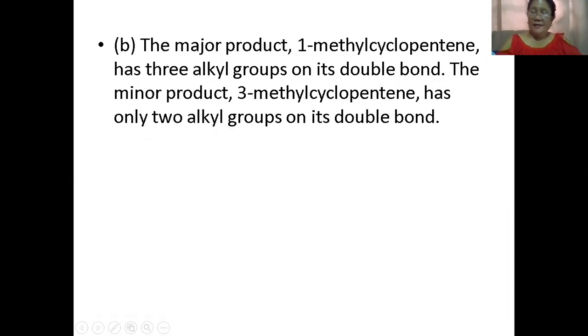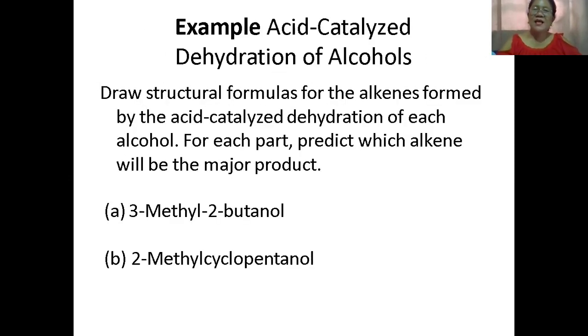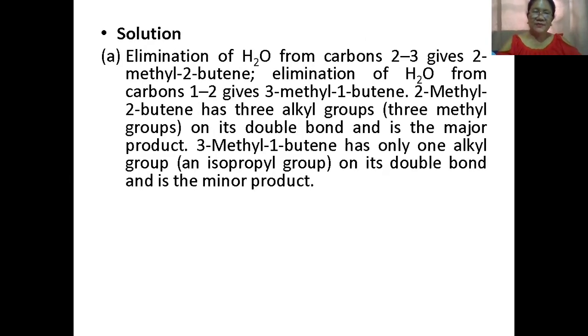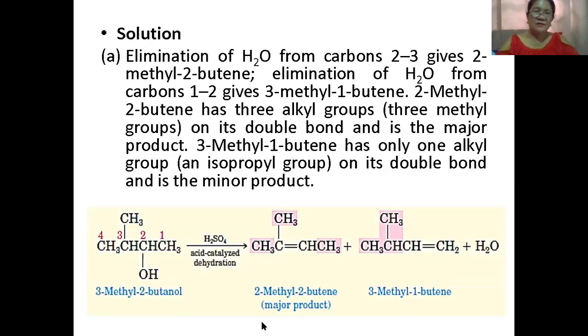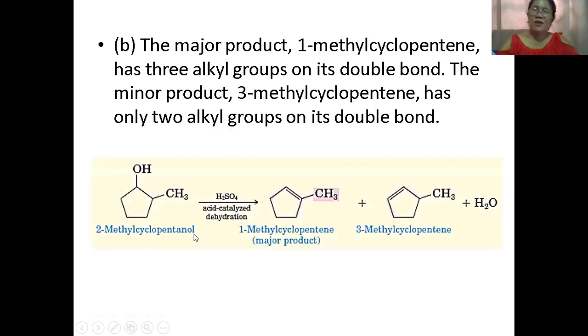Okay, the second one, that is letter B, 2-methyl cyclopentanol. So what happened? You will have two products. Here is your CH3 and this OH.